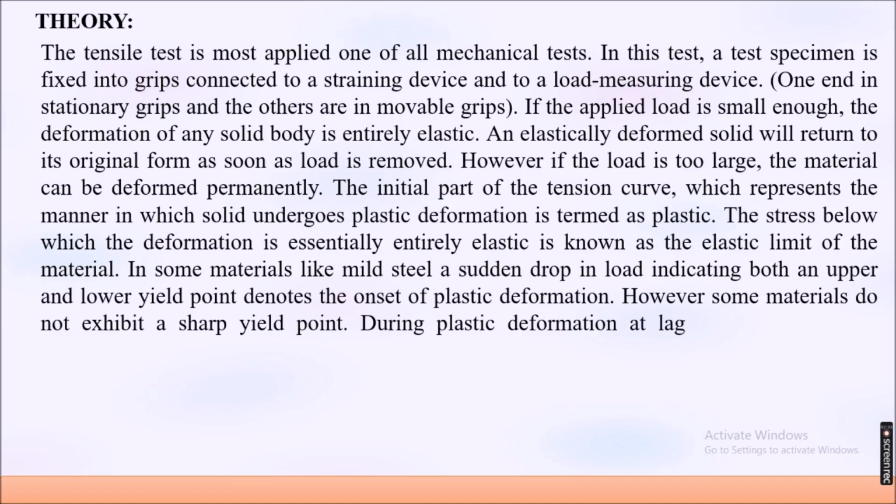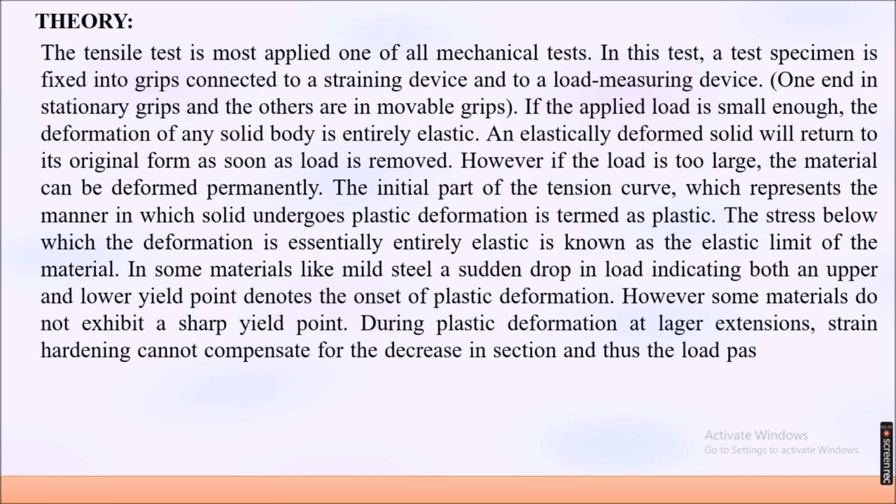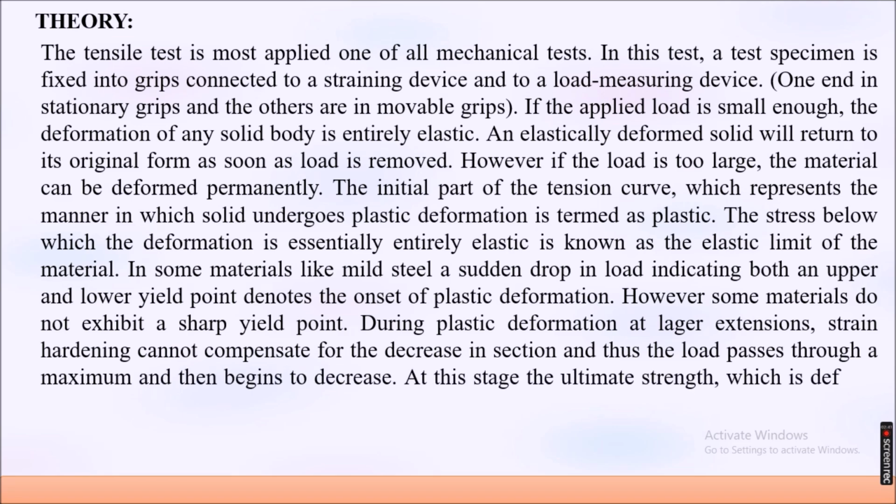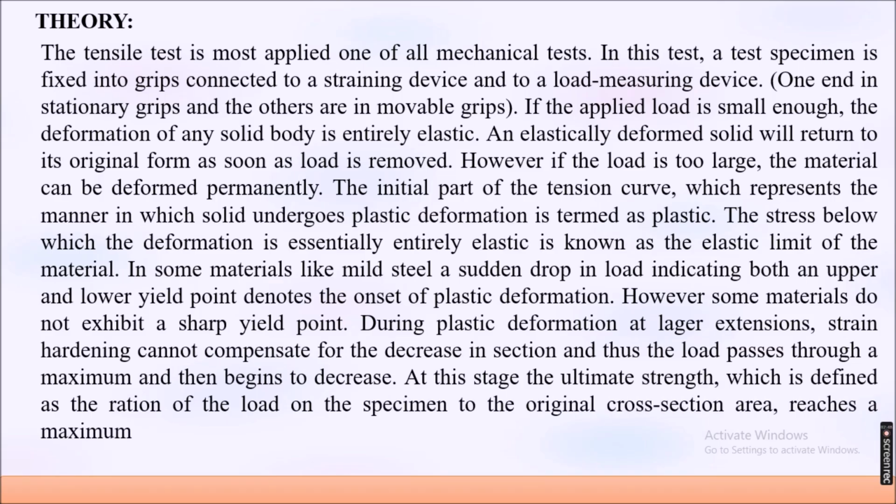The stress below which the deformation is essentially entirely elastic is known as the elastic limit of the material. In some materials like mild steel, a sudden drop in load indicating both an upper and lower yield point denotes the onset of plastic deformation.